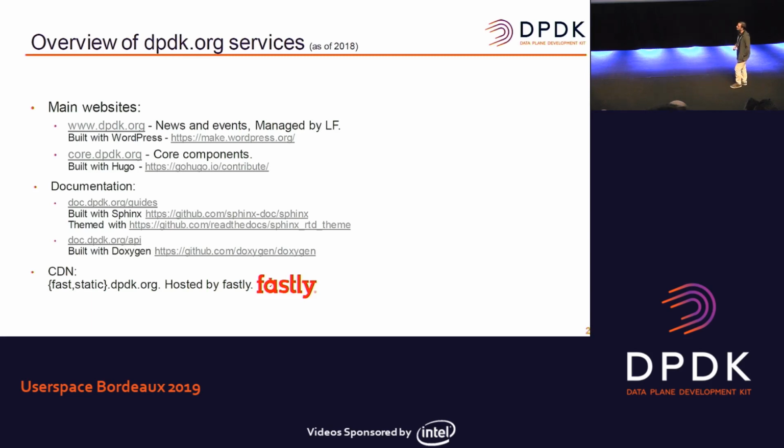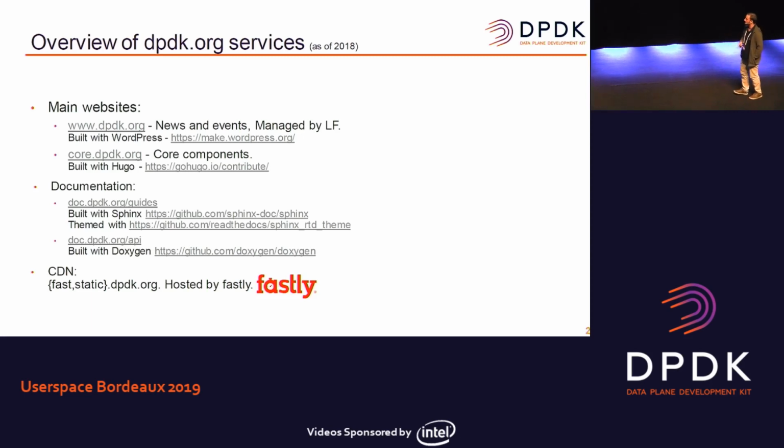As for documentation, the guides are built with Sphinx and themed with the Read the Docs theme. The API's HTML is generated with Doxygen. I have also included the source code of all these tools in my presentation, so that if you are interested in contributing to any of them, you should.